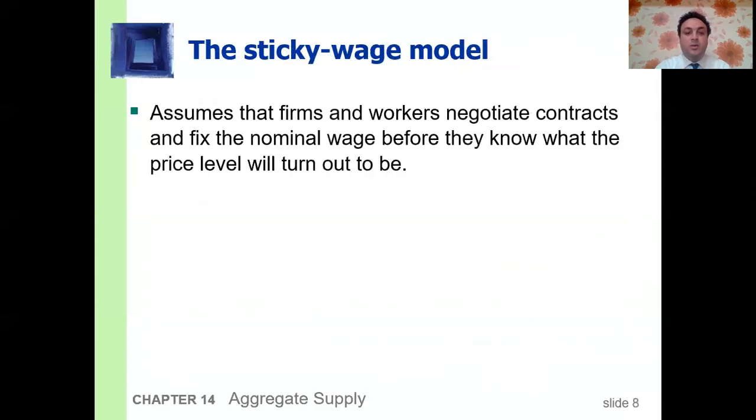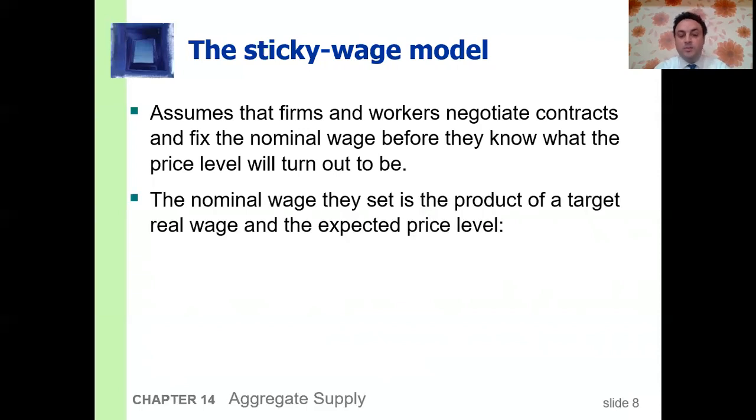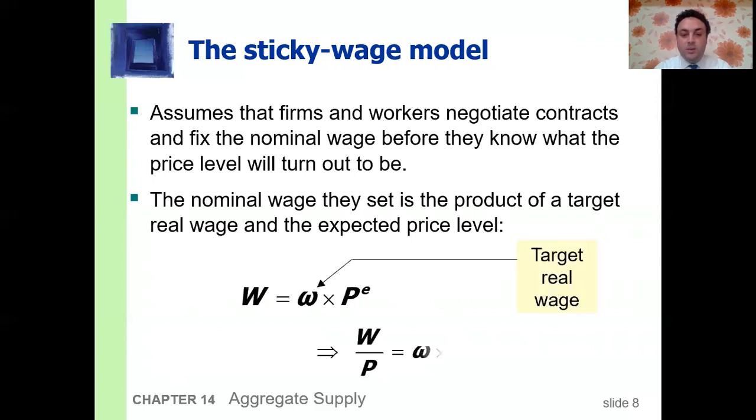Okay, so assume that firms and workers negotiate contracts and fix the nominal wage before they know what the price level will turn out to be. So the nominal wage they set is the product of a target real wage and the expected price level. So now we are talking about the first model, the sticky wage model, assuming that firms and workers negotiate contracts and fix the nominal wage before they know what price level in the market will turn out.